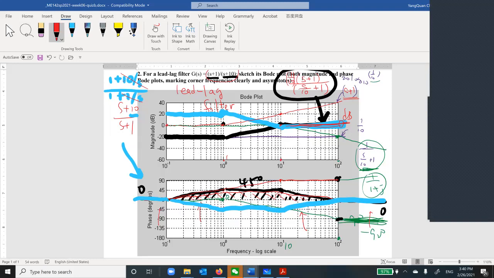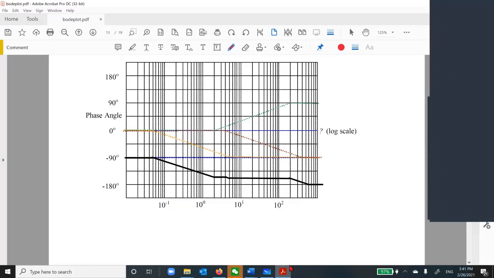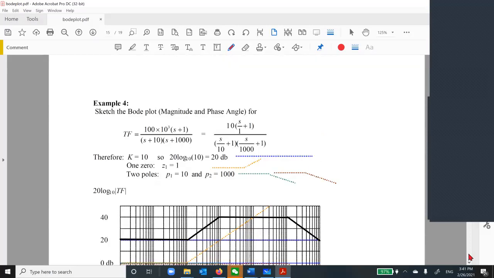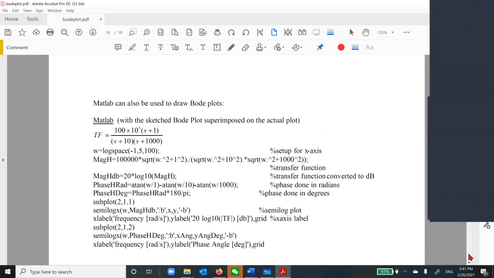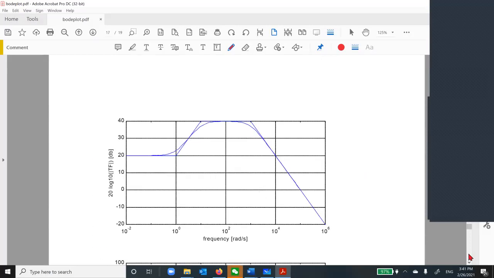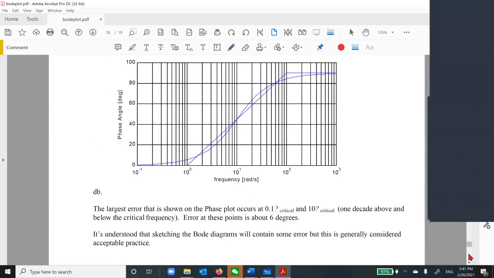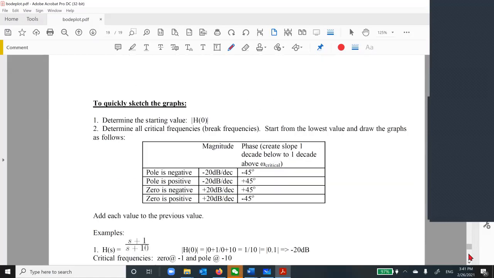So I'm done with my Bode plot. The only thing we didn't do is the second order one. We haven't done the second order one. We need to do it separately.